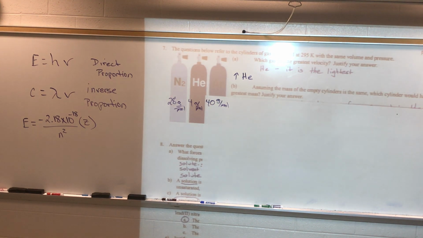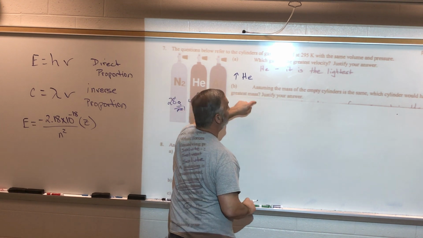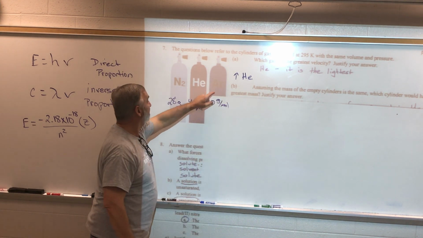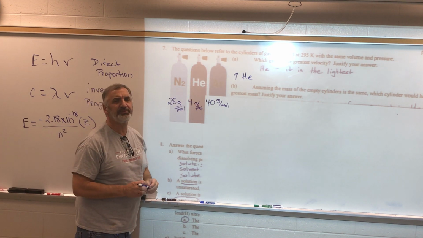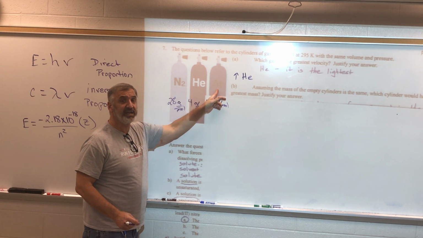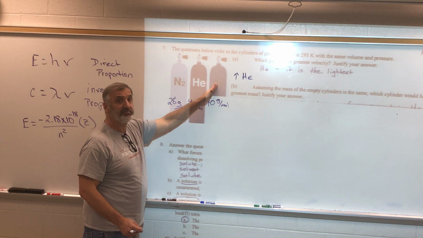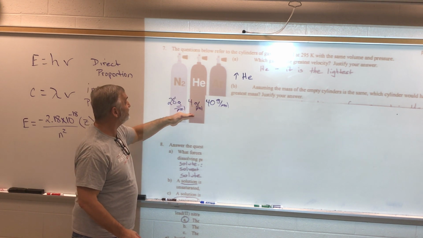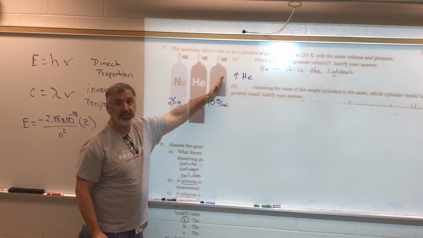Assuming the mass of those empty cylinders are all the same, so we have all the same cylinders here, okay? Which is going to be the greatest? Well, if argon's the heaviest gas, and remember, Avogadro's principle says equal volumes of gases under the same conditions of temperature and pressure all contain the same number of molecules. So it doesn't matter how big each of the gases are in molecules, same number of molecules in each one.